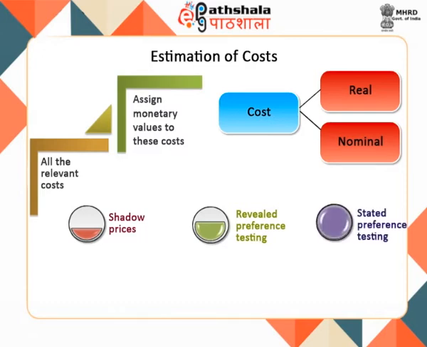Stated preference testing estimates a consumer's willingness to pay for a good or service or willingness to accept compensation for consuming a bad, such as pollution, or tolerating a negative economic output by conducting surveys in hypothetical markets.